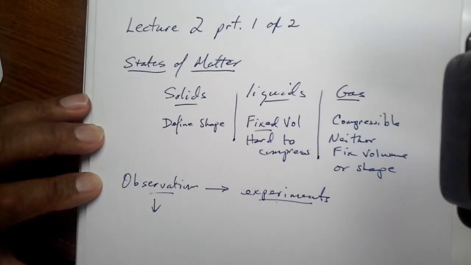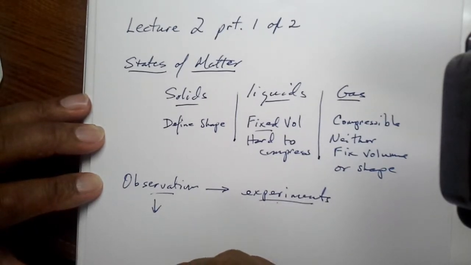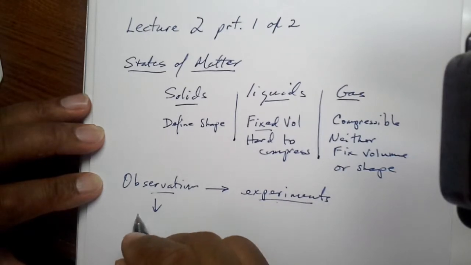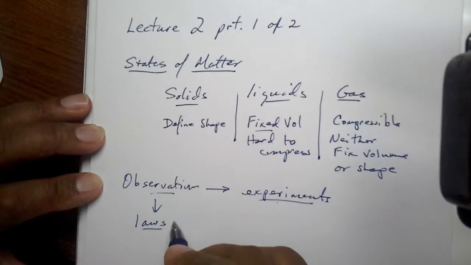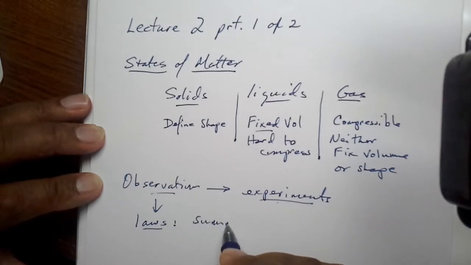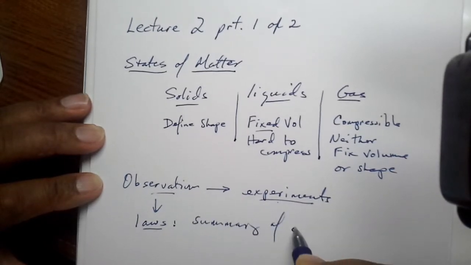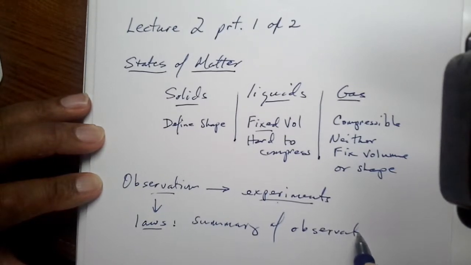Once you make some conclusions from your experiments, then you can develop what are called laws. And laws are simply a summary of the observations that you made.